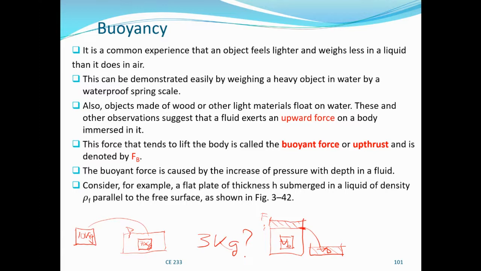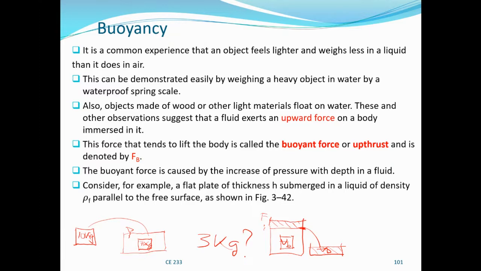The other thing is the fact that liquid or water in particular has a force, a vertical force acting upward, on all bodies immersed, partially or wholly immersed in them.